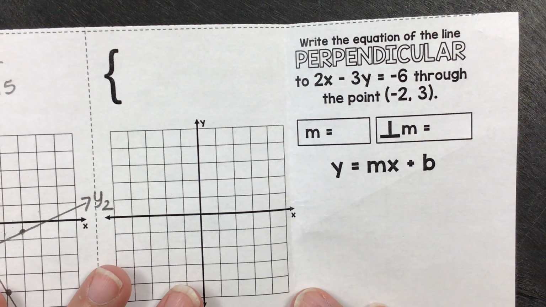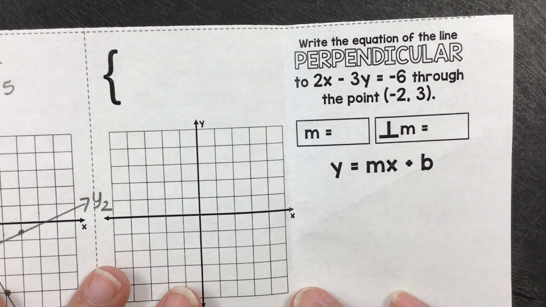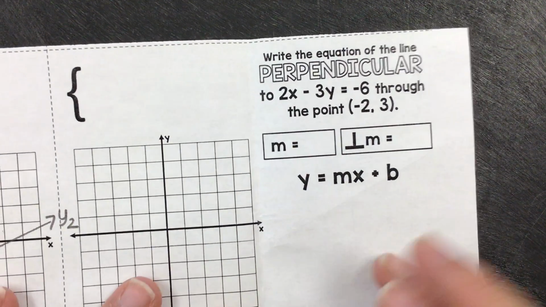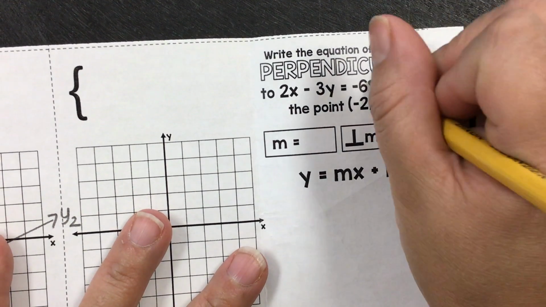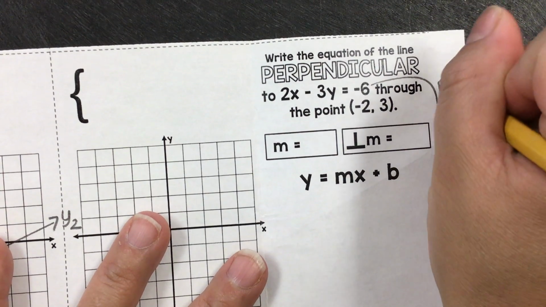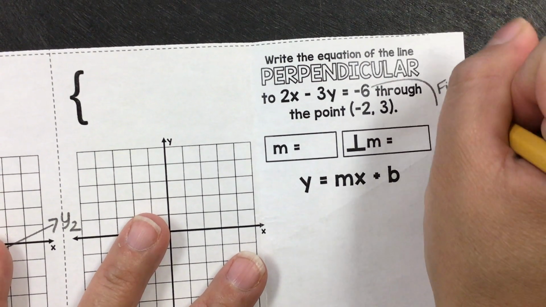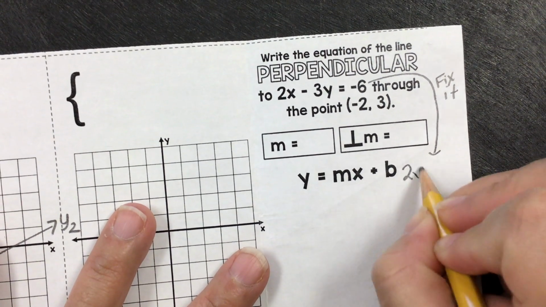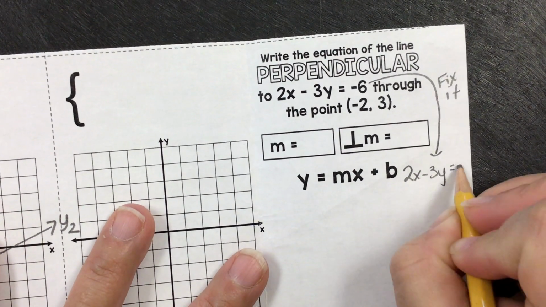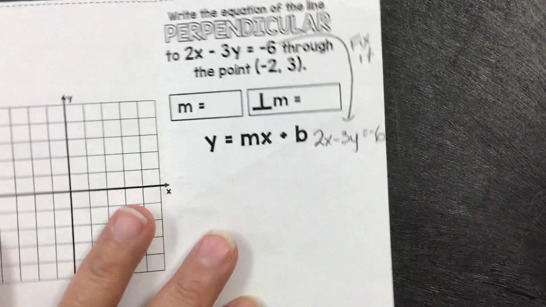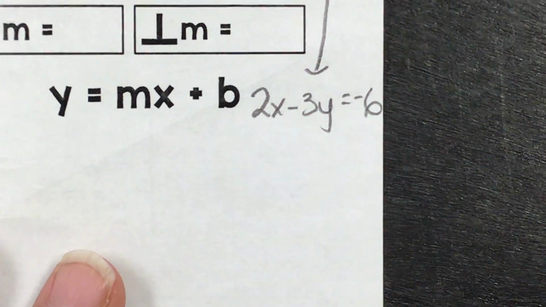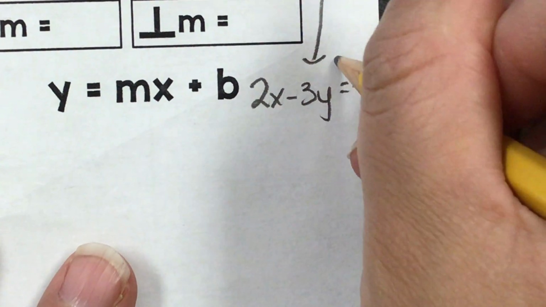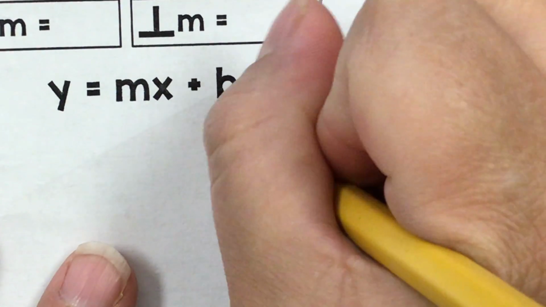Writing the equation of perpendicular line that has 2x minus 3y is equal to negative 6. We first have to fix it. Fix the equation. I'm going to write it all the way down here so I have space. 2x minus 3y is equal to negative 6. We're going to solve for y, so we have to subtract.